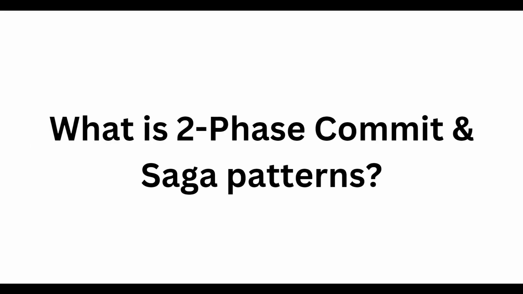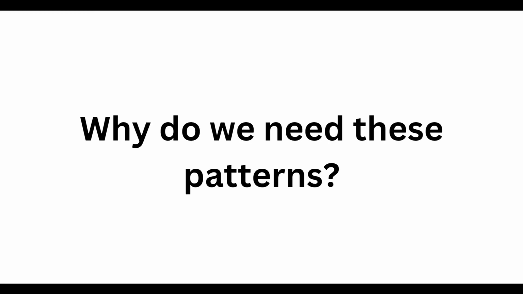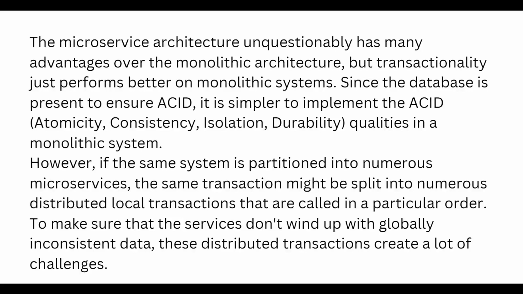Now the next question is, what is two-phase commit and the Saga pattern? Now, why do we need these patterns? The microservice architecture has many advantages over the monolithic architecture, but transactionability just performs better on a monolithic system, since the database is present to ensure ACID properties.